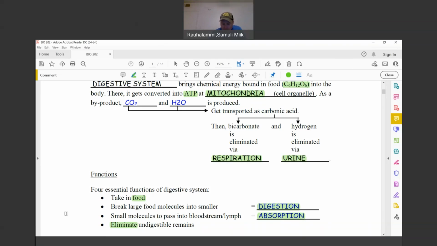So those were our key concepts, especially digestion and absorption, that I really do want you to be comfortable with and ready to discuss.